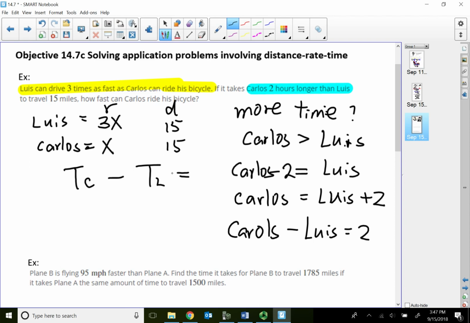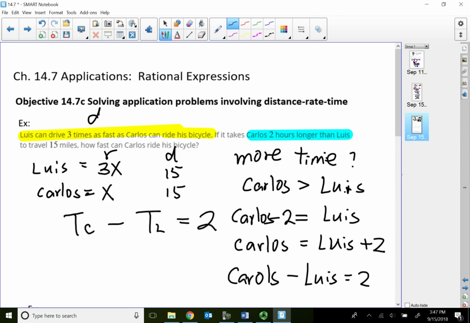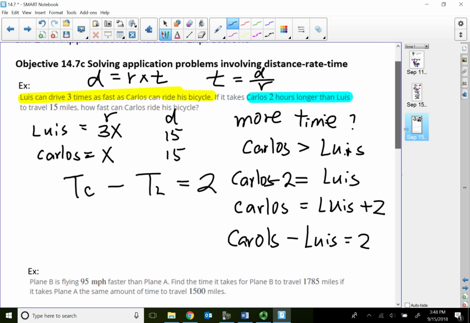The difference between their times is 2 hours. We used the equation distance equals rate times time, but if I solve for time by dividing both sides by r, time is always distance over rate.